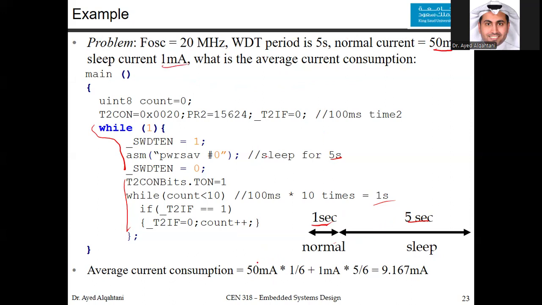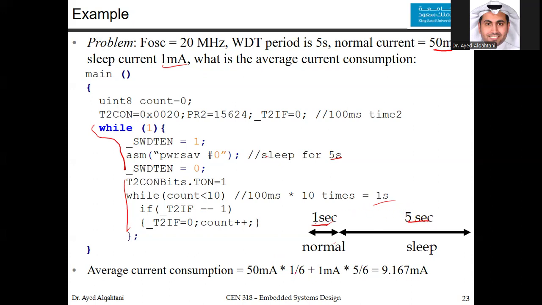So we would say that you are in the normal mode, which is the 50 milliampere, 1/6 of the time, because 5 plus 1 is equal to 6.